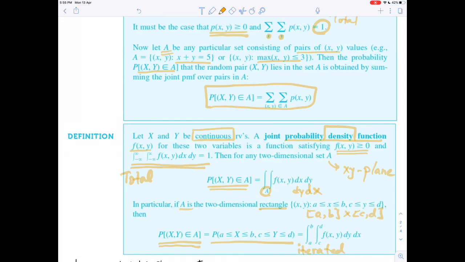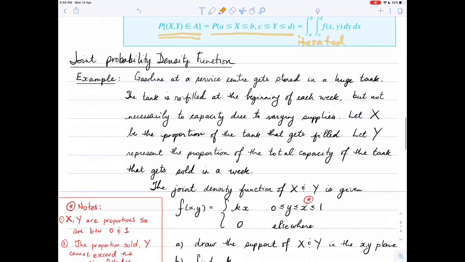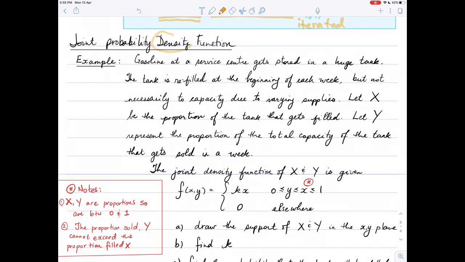So let us go and look at an example now, an example using the joint probability density function, because we're going to be talking about continuous random variables.